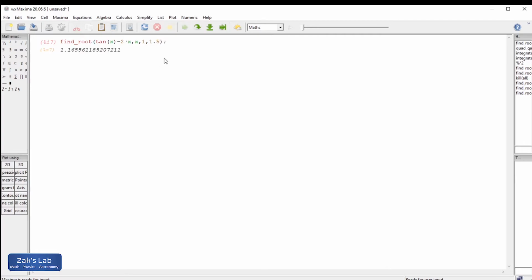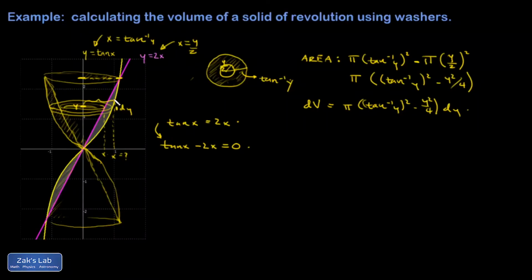When I do that, I get 1.166 if I round it. But really what I want there is the y intersection, so I could just plug x into the easy equation. y is 2x, so all I have to do is multiply that previous result by 2.